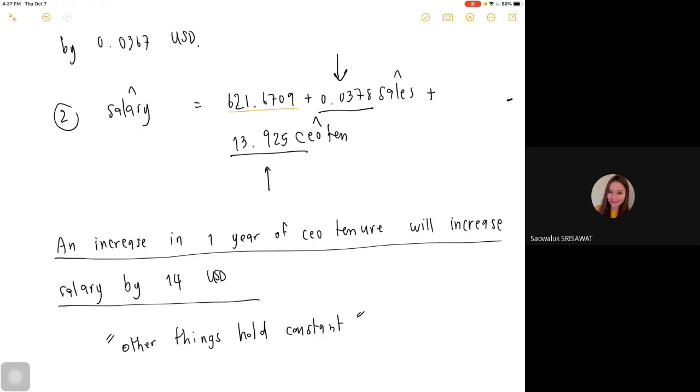Okay. You already learned that this is what we call partialling out, right? Because you would like to see just one variable at a time. You let only one variable change at a time. So if you are considering CEO tenure, you let only that variable change and keep the other variables in your model constant.